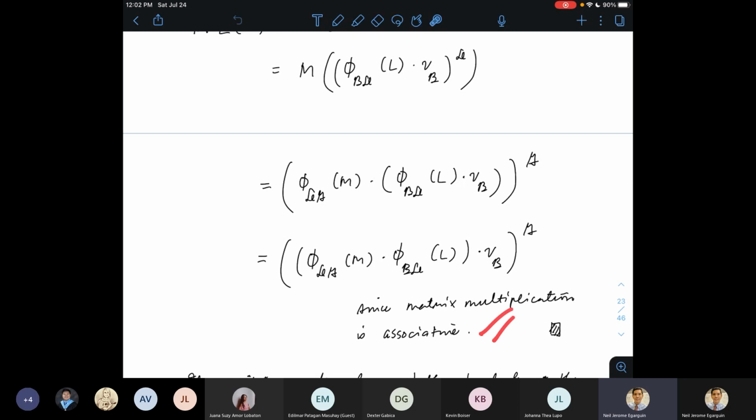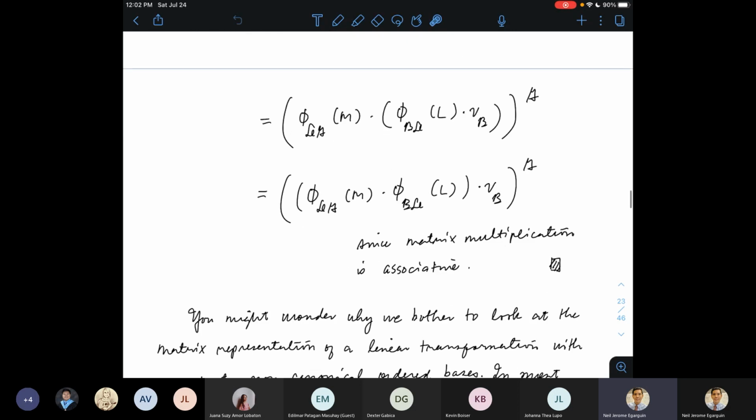So here I used the associativity of matrix multiplication to group the two matrix representatives in the final product instead of the matrix representative applied to this product.